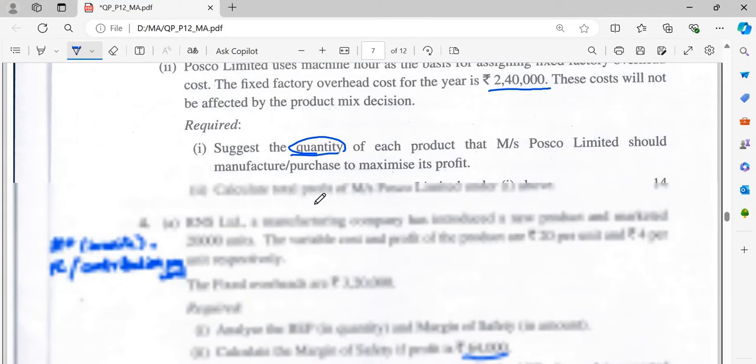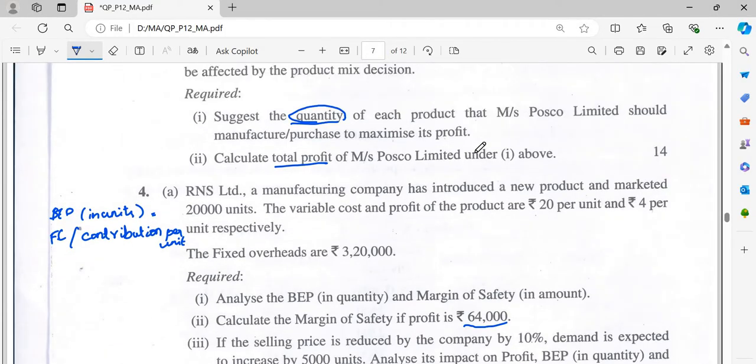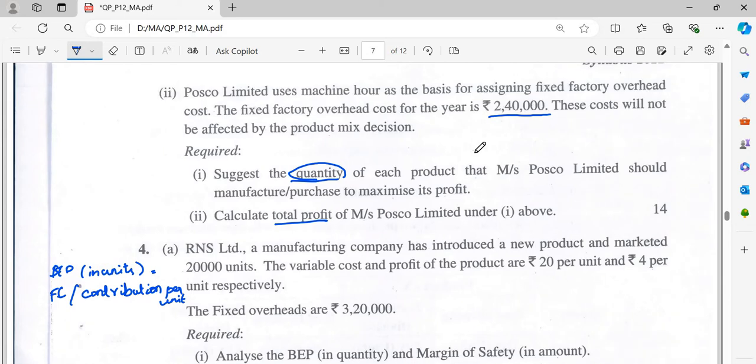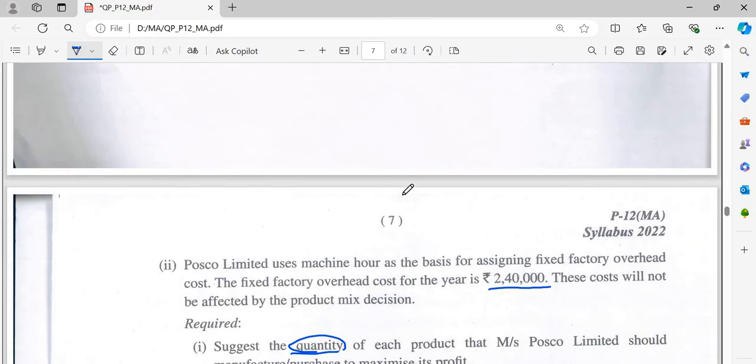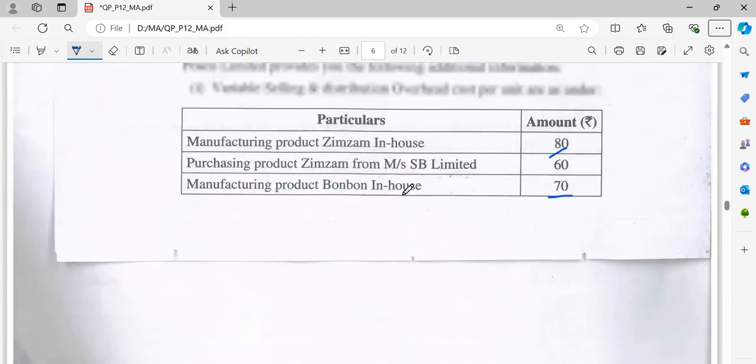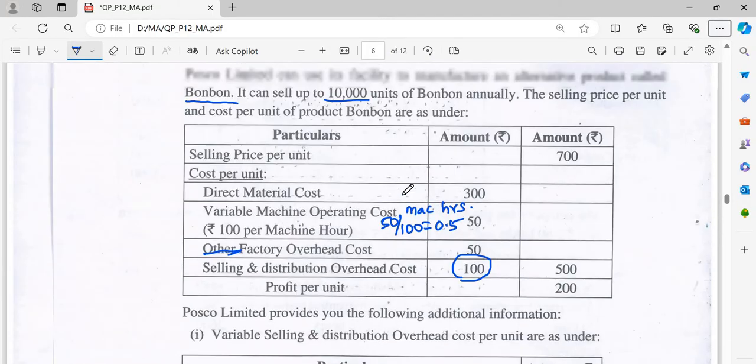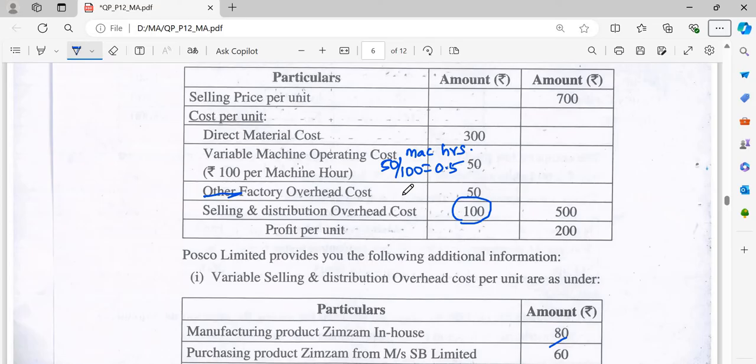So actually, the first question they have asked is whether they need to manufacture or purchase. So for that only we prepared this statement. Now I am comparing Zimzam and bonbon. I need to compare contribution, so based on that only I can give ranking. So contribution required per machine hour.